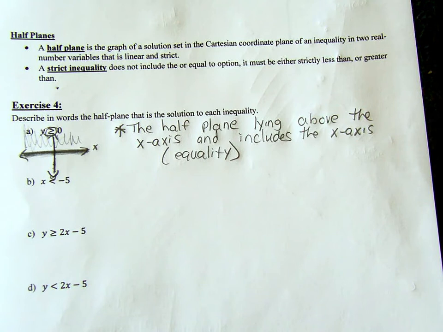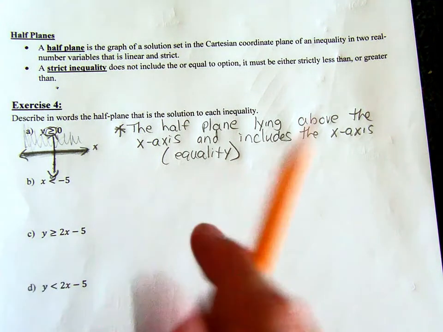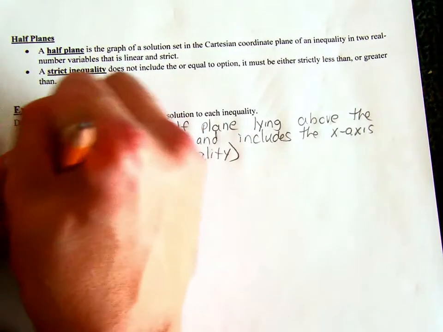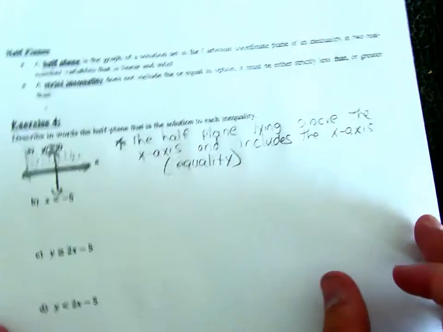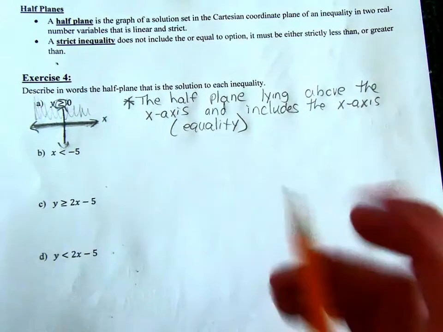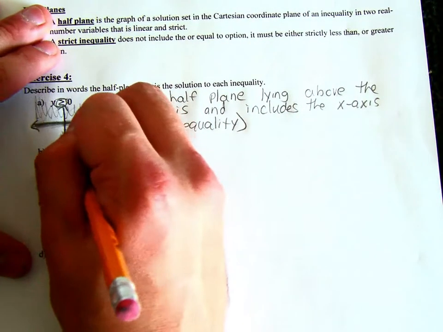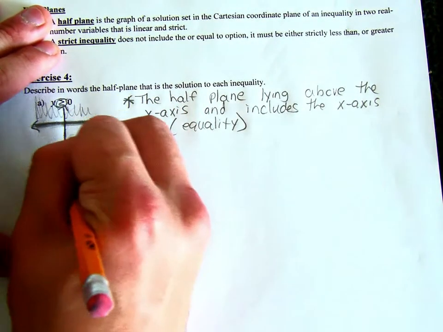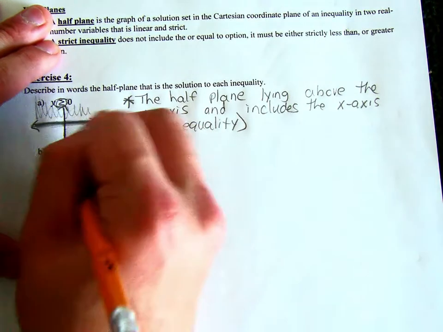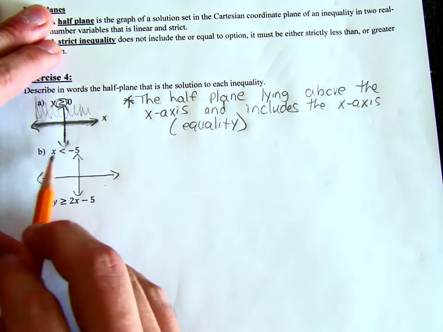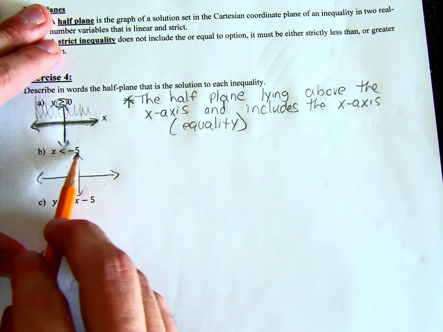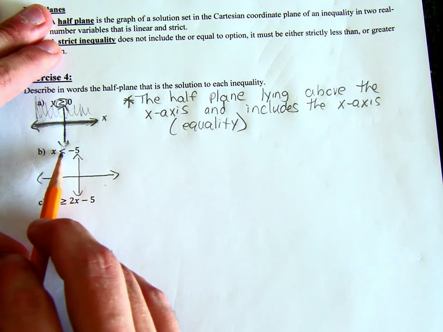Part B says x is less than, so I'll just erase this. X is less than negative 5. So let's look at this. Let's try to sketch this one out really quick. So we have our x, y coordinate, and we want to look at the line x is equal to negative 5. And we know that that's going to be a dashed line since it's less than.